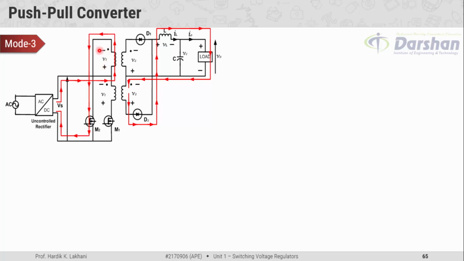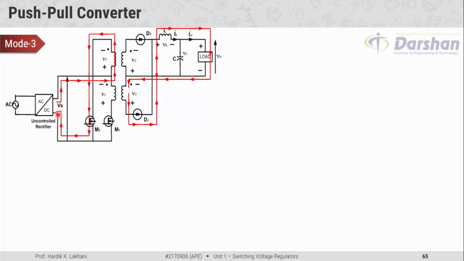The same polarities get reflected on the lower primary as well as on both secondary windings. Because of that, diode D2 comes into conduction mode and diode D1 remains off. So on the primary side, the current starts from the supply, passes through the upper primary winding, flows through M2 and goes back to the source.